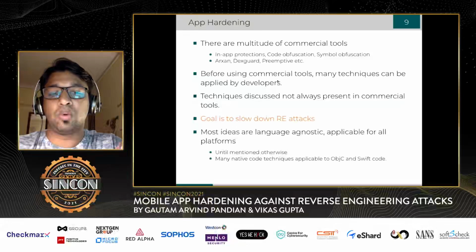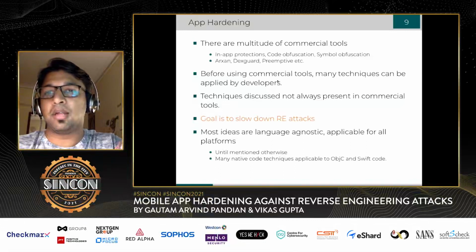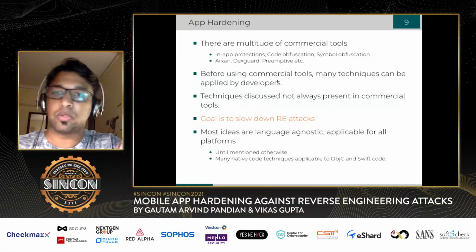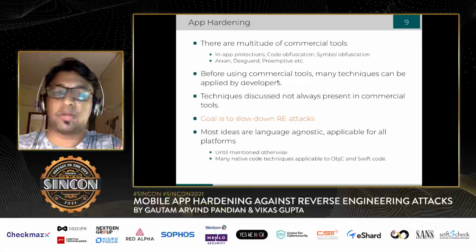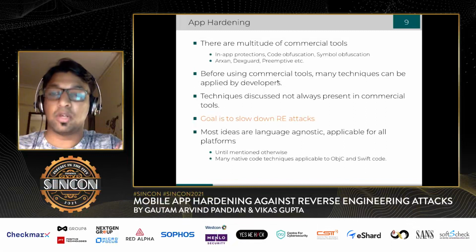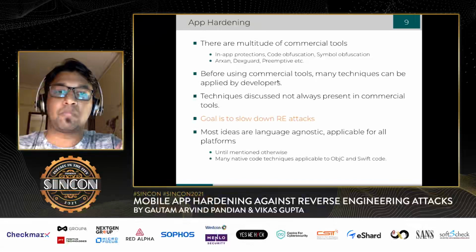Generally, it doesn't break things if you apply your own app hardening and then apply another commercial tool on top of it. The changes are not breaking things when you use another set of techniques as well. So the goal for us is to protect against, or slow down, reverse engineering attacks, and whatever ideas we present today are language agnostic unless we mention otherwise.